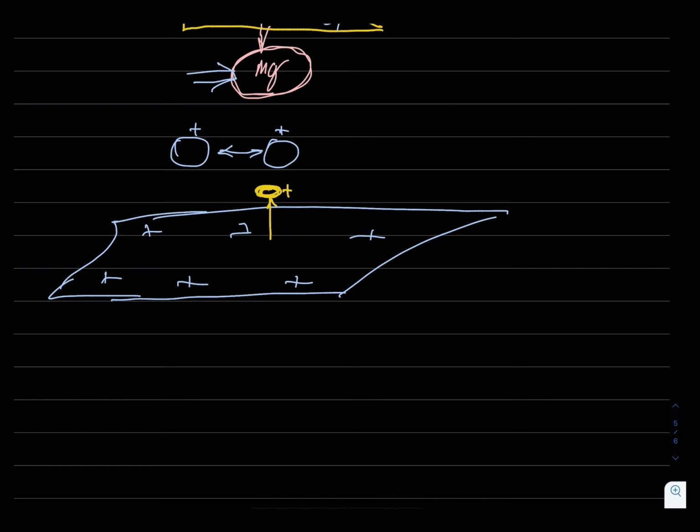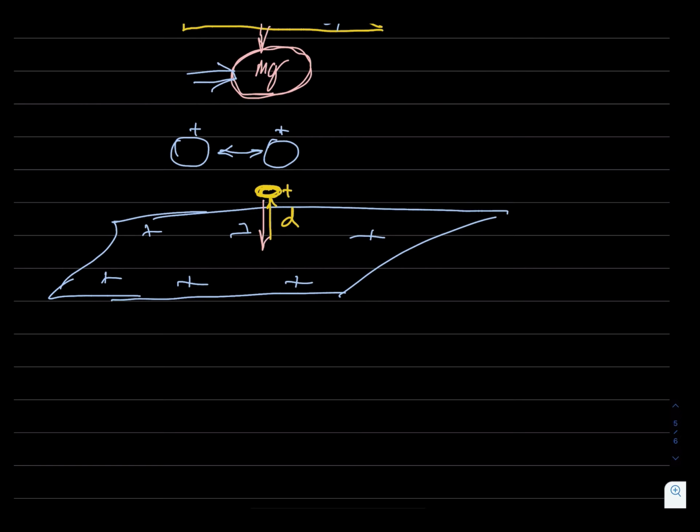Well, gravity is going to be pulling this down because the plane is horizontal and the charge is above it. And the electrostatic force of positive versus positive is going to be pushing it up. And at some point, there's going to be some distance here where those two forces are balanced and the particle will just rest there. Well, is that an equal and opposite force?